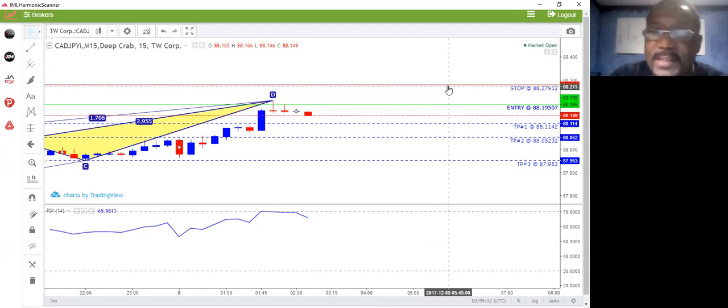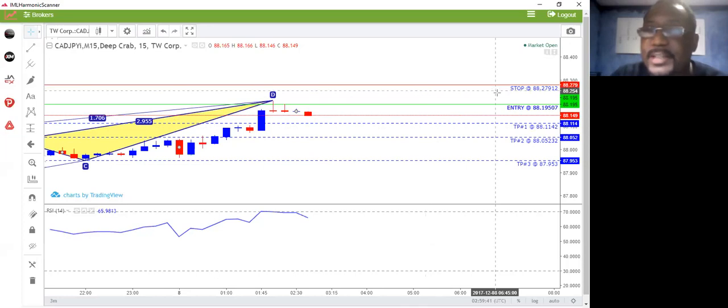Think of this as a safety net to keep you from falling to zero. It's always important that whatever trade you put in, you put a stop loss in. Here on the harmonic scanner, the stop loss is already calculated for you.